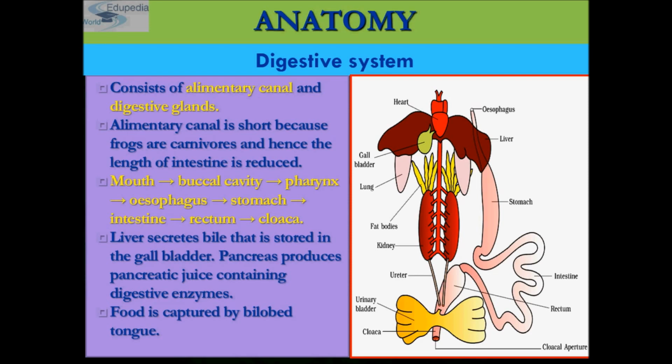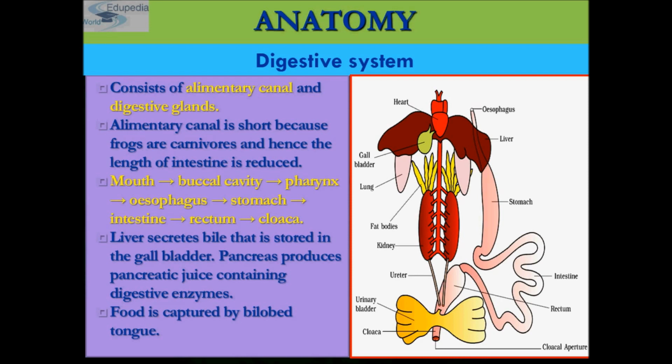And how does digestion in frogs take place? Digestion of the food takes place by the action of HCl and gastric juices which are secreted from the walls of the stomach. Partially digested food called chyme is passed from the stomach to the first part of the intestine, the duodenum.